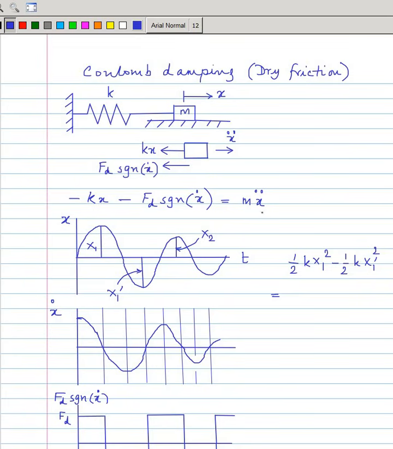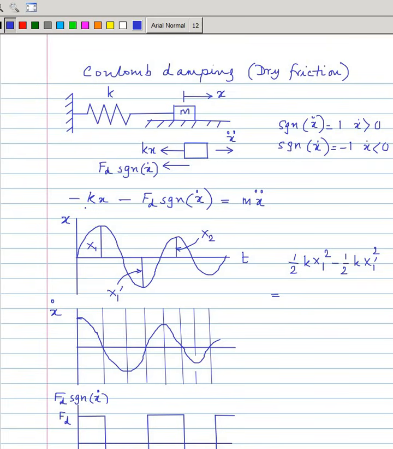Sign x dot is equal to 1 for x dot greater than 0, and sign x dot is equal to minus 1 for x dot less than 0.